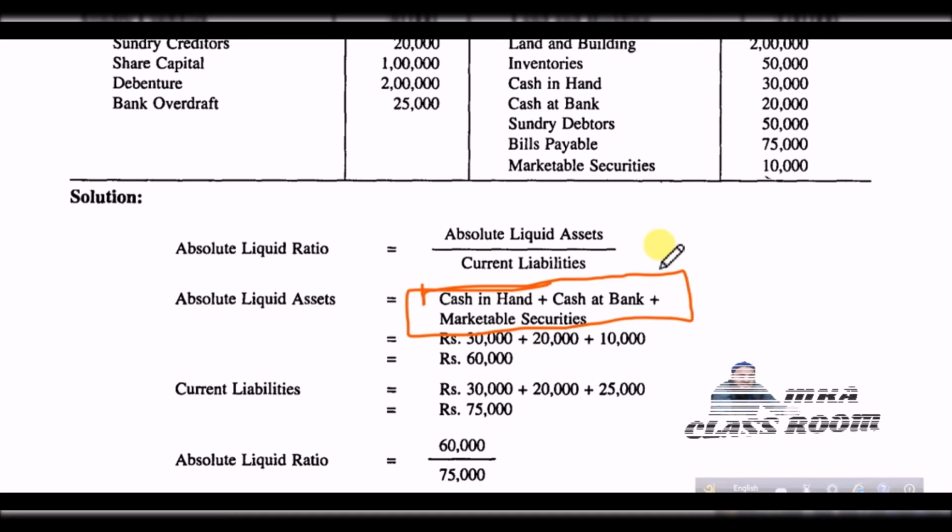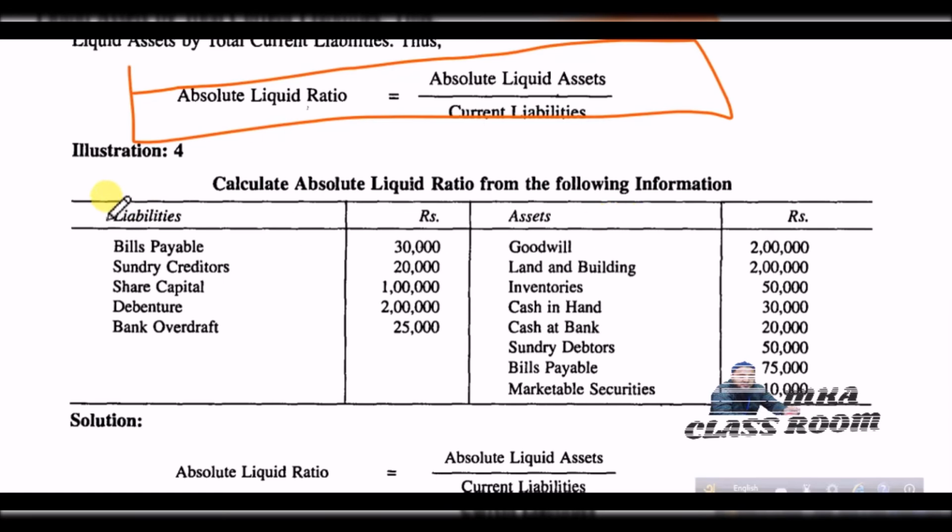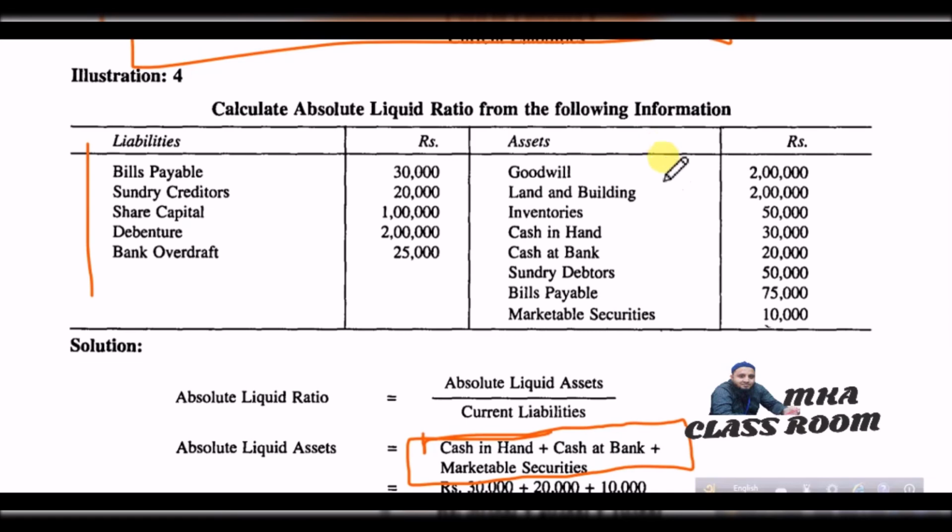So here you will see the list of liabilities: bills payable, sundry creditors, share capital, debentures, bank overdraft. Here are the long-term assets: goodwill, land, buildings. Inventories, cash in hand, cash at bank, sundry debtors, bills receivable, and marketable securities are treated as current assets.